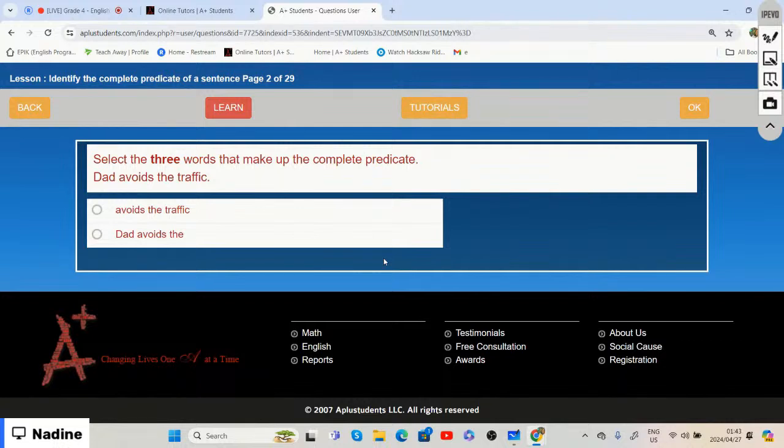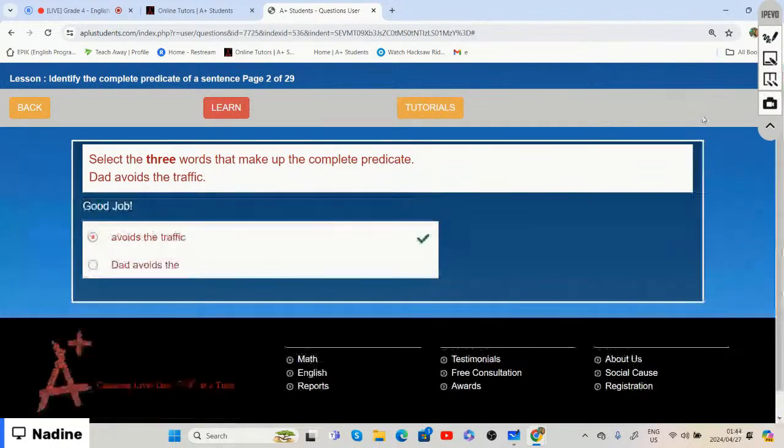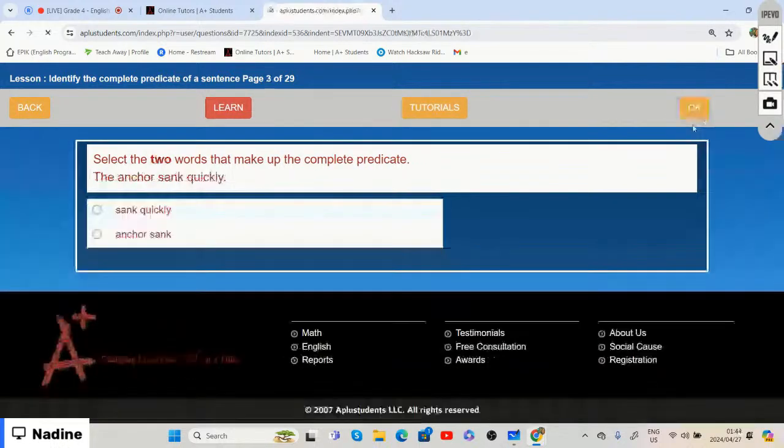So what is dad doing? Avoids the traffic. So avoids the traffic is our option.